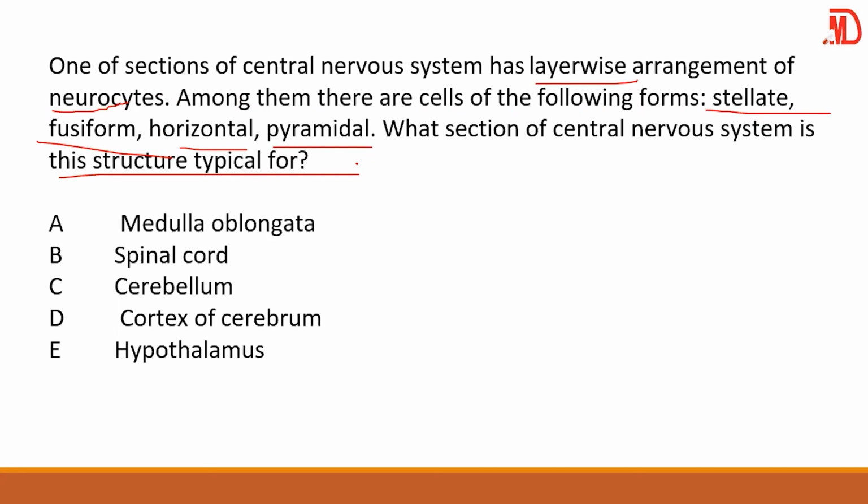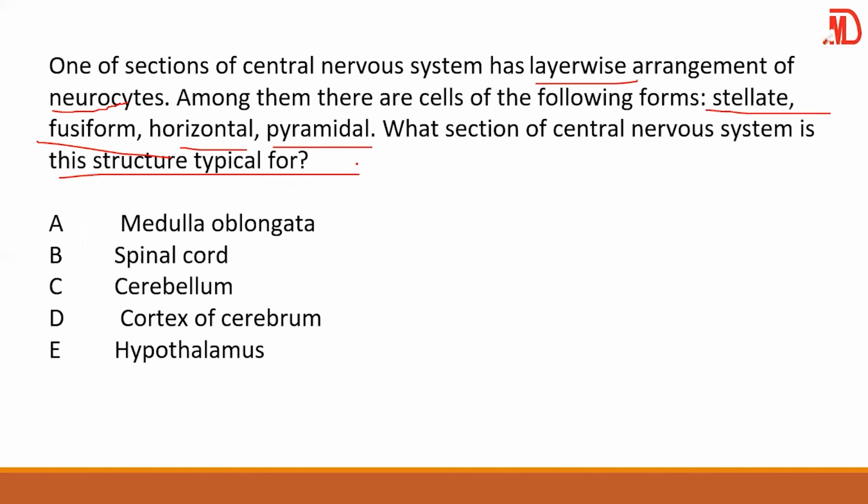This one, we don't teach it because it's an anatomy. You must know that if you open the cortex of the brain or the cerebrum, you are going to see these layers. Actually, they have about 6 layers. We can talk about the molecular or the horizontal layer.